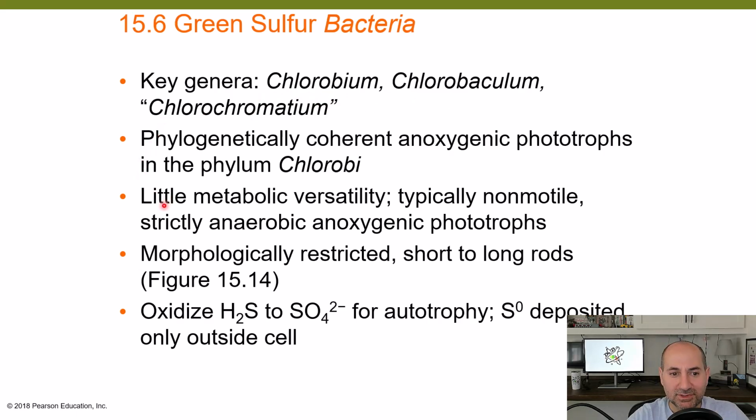This group is able to oxidize hydrogen sulfide, H2S, to sulfate. This group is strictly anaerobic and anoxygenic, which means they do not require oxygen for growth, and they do not produce oxygen either.